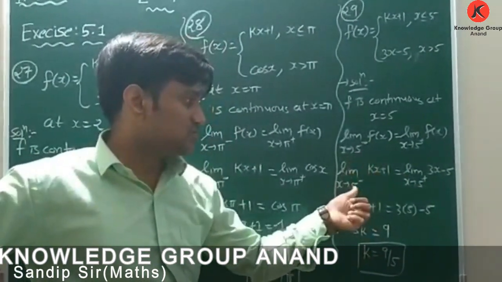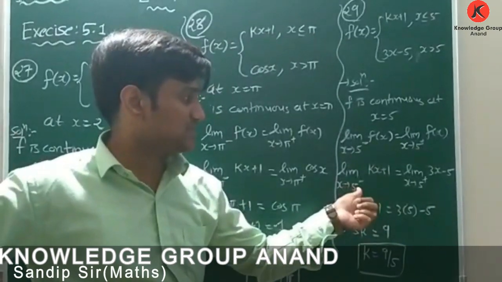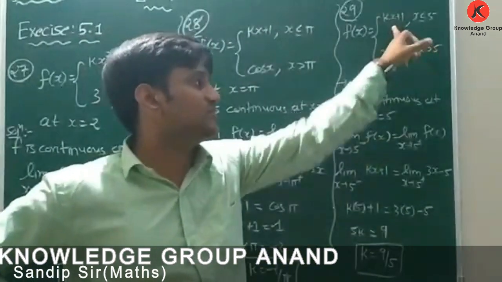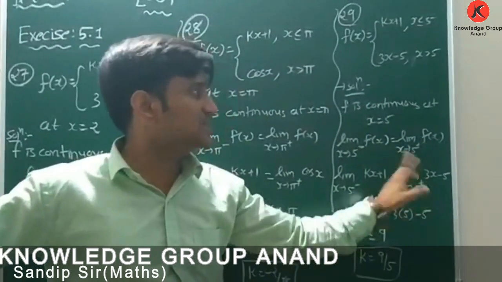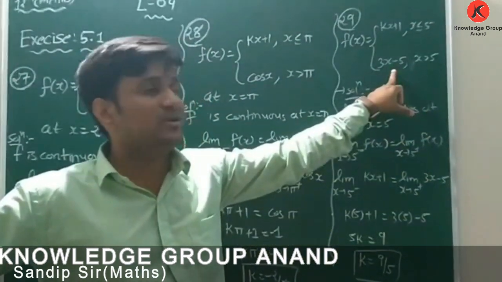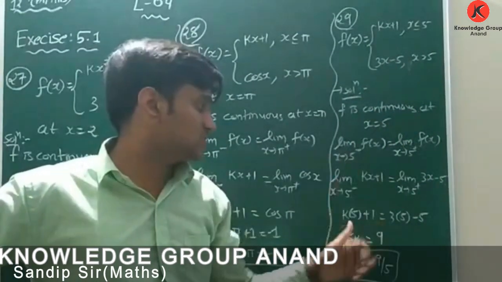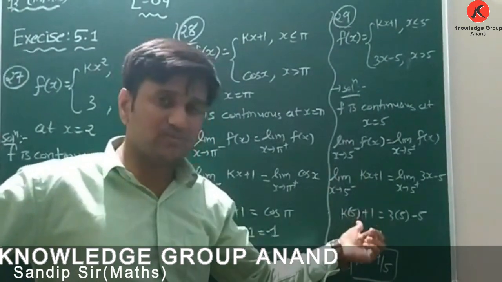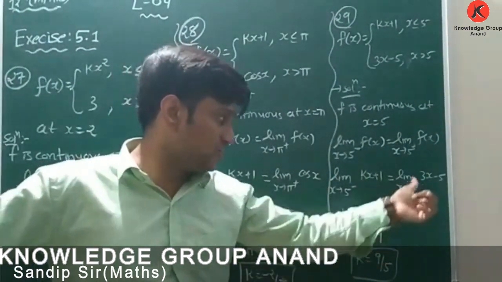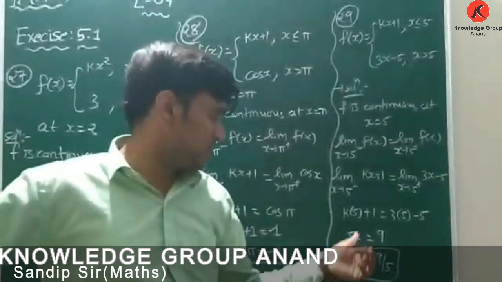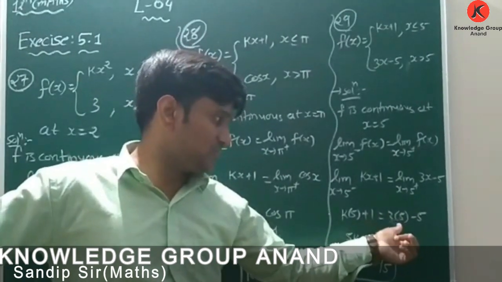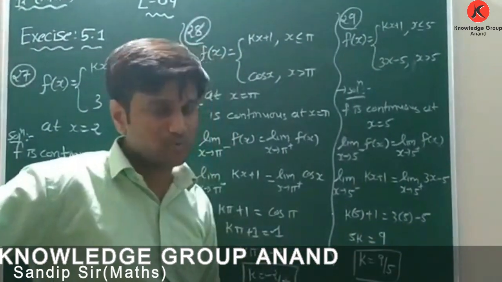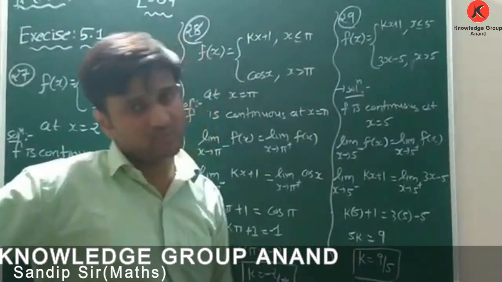For x slightly less than 5 the function is kx plus 1, and that equals the limit for x slightly greater than 5, that is 3x minus 5. So in place of x put 5: 5k plus 1 is equal to 3 into 5 minus 5. Taking the 1 to the other side, 5k is equal to 15 minus 5 minus 1, which is 9, so k is equal to 9 by 5.